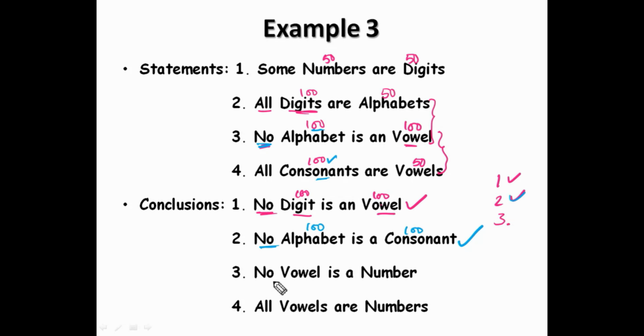Next, third conclusion. Vowel and number. To get the relation between number and vowel, from these two, digit is common, and from these two, alphabet is common. Now we can get the relation between number and vowel, combining these first three. Okay, so check positivity and negativity. Positive and positive, the result must be positive.